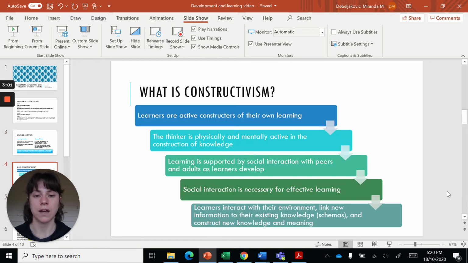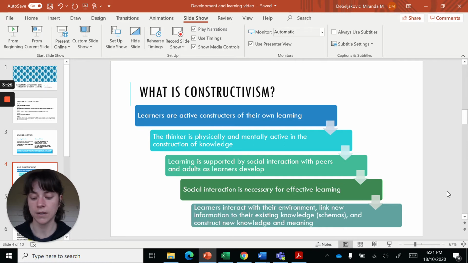To briefly talk about constructivism, what I have on the screen is a very brief overview, and I'm just going to talk about it in a little bit more depth. The constructivist theory of learning is a cognitive approach to explaining how learning happens. The underlying principle of the constructivist theory is that learners are active constructors of their own learning.